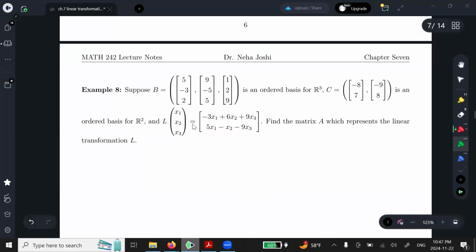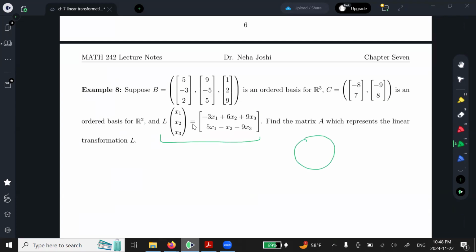So let's just try to understand quickly how this question is working. I'm given an ordered basis for R cube, an ordered basis for R square, and I'm given the formulation of the linear transformation here, right? Let's just understand how this linear transformation is behaving here.